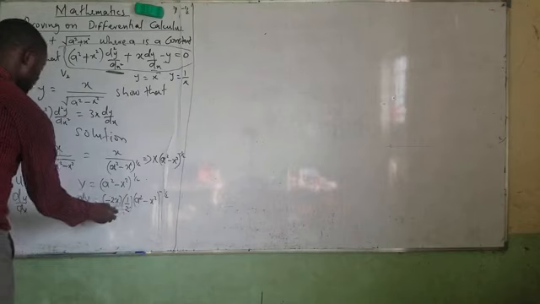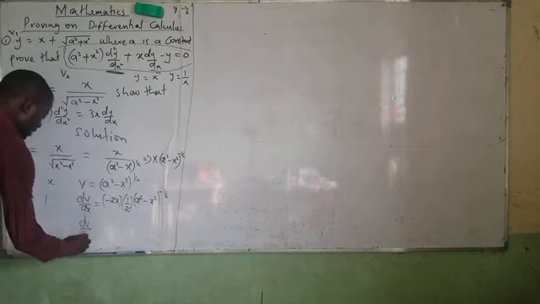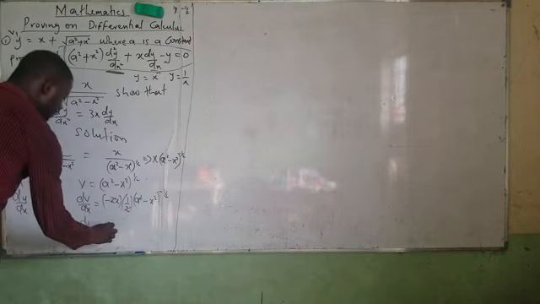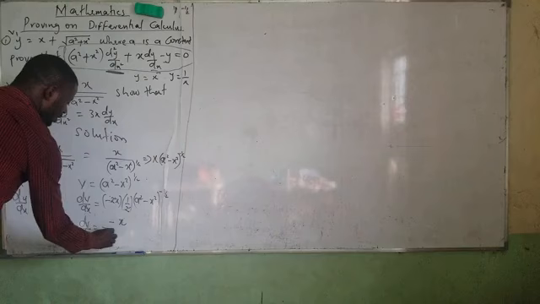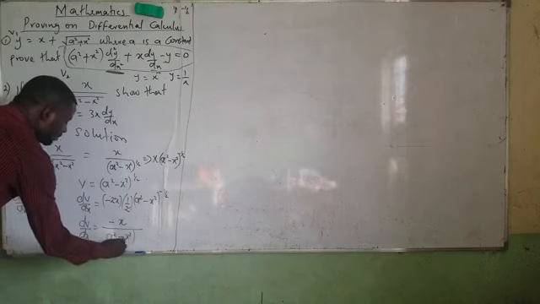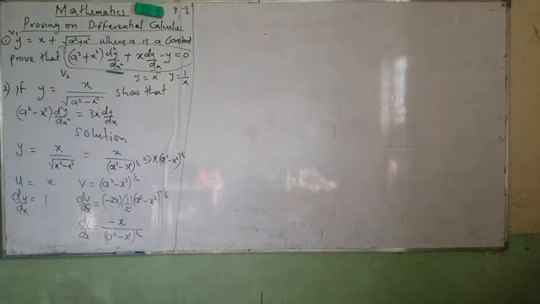Now this will cancel this. It means my dv/dx will be equal to minus x over (a squared minus x squared) to the power of 1 over 2. Now that is my dv/dx. Now all that I need is available.